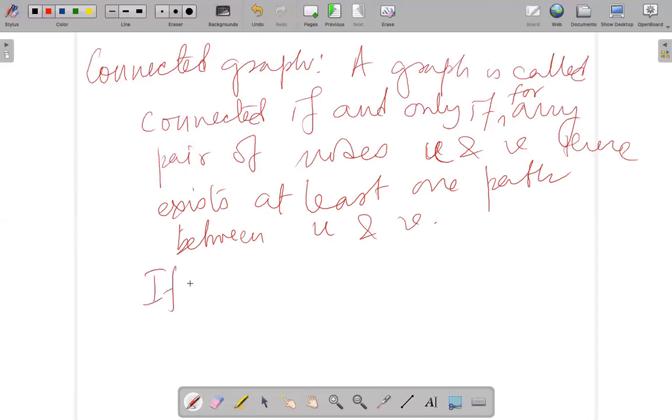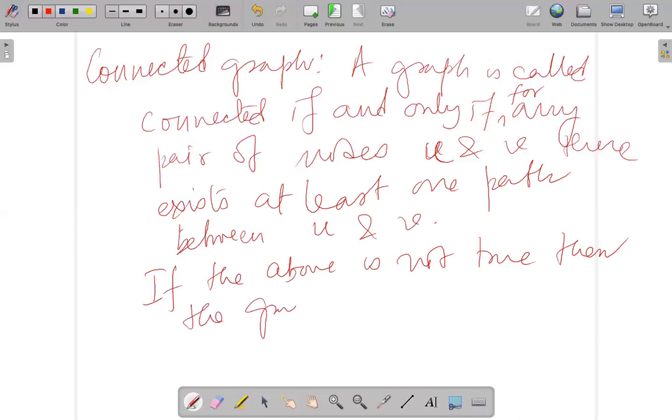If the above is not true, then the graph is called disconnected. So that is, between every pair of nodes, you should be able to find one path at least.